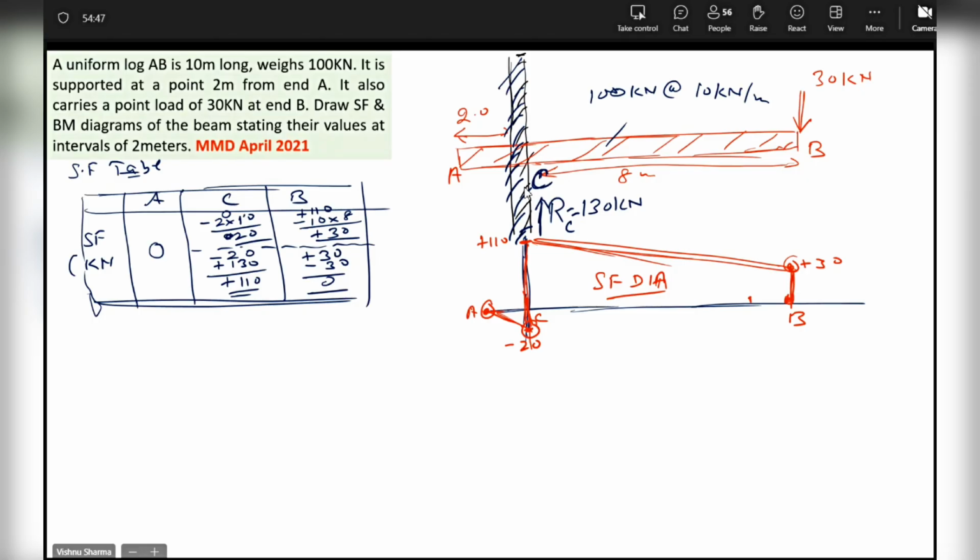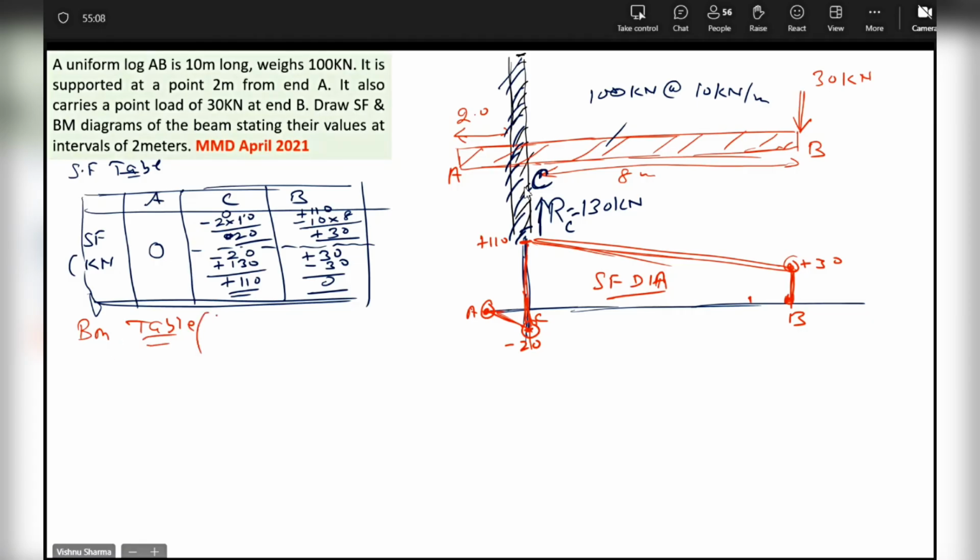Okay. Now is the catch in this question, and why they brought it, I don't know. Now we make the BM table. We don't need any extra point, but there are two free ends, A and B, guys.